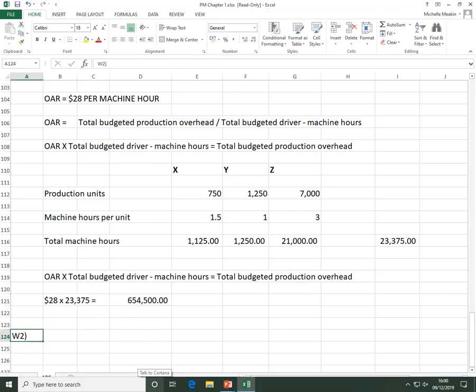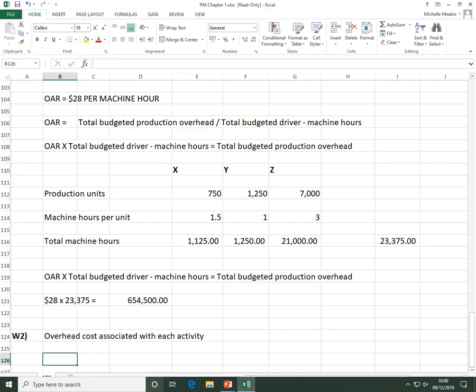I'm going to keep going with some workings. So working number 2, I am now going to split that overhead cost down per activity. You have been given information based on the number of activities.